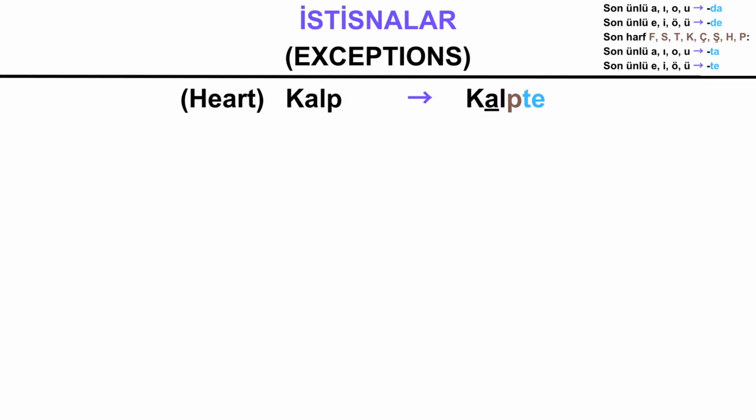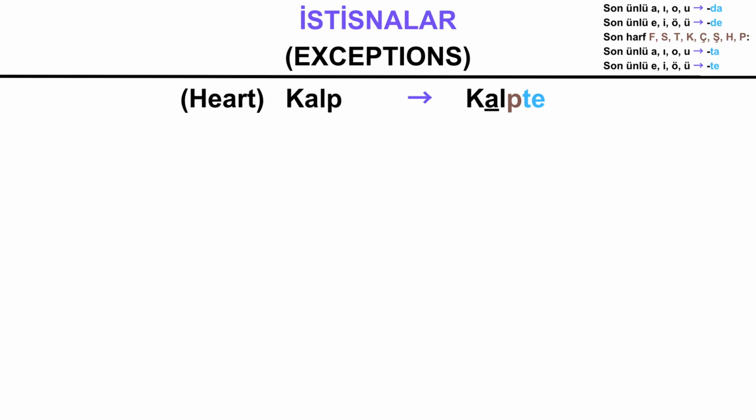I would like to show you some exceptions, not for the last rule we have looked at, but for the vowel harmony again. So let's look at the word kalp. Kalp ends with p, and the last vowel is a. But we don't pronounce it as a. We don't say kalp, but we say kalp.